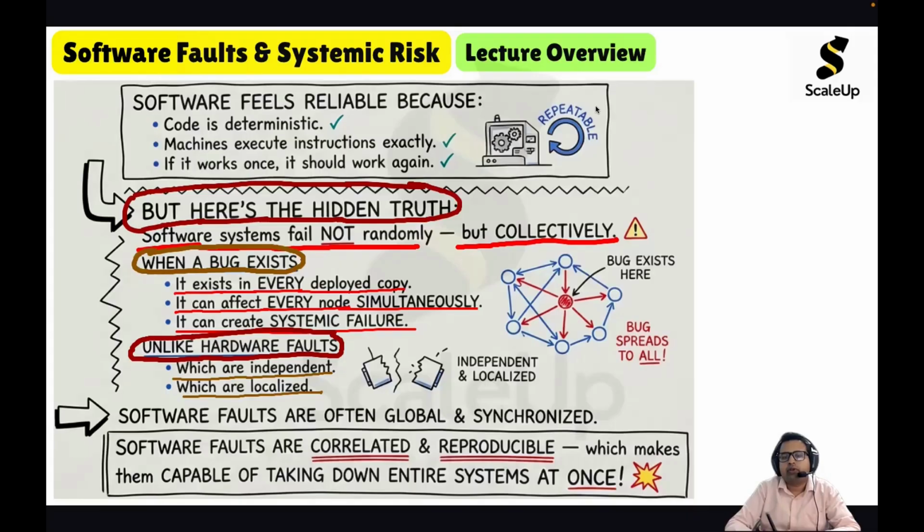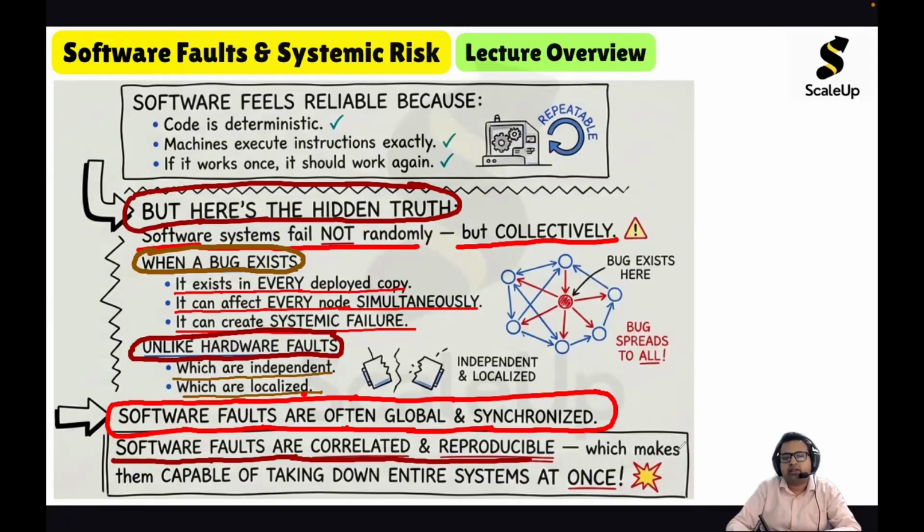Software faults are often global and synchronized, and that's the problem with them. Software faults are correlated and reproducible, which makes them capable of taking down the entire system at once. Hence software faults can be very dangerous.